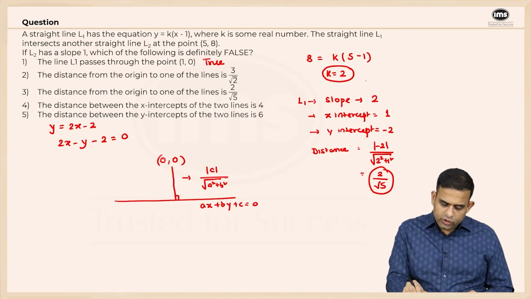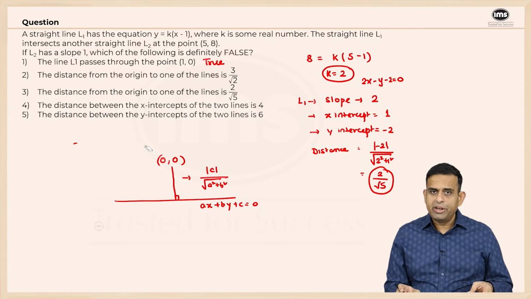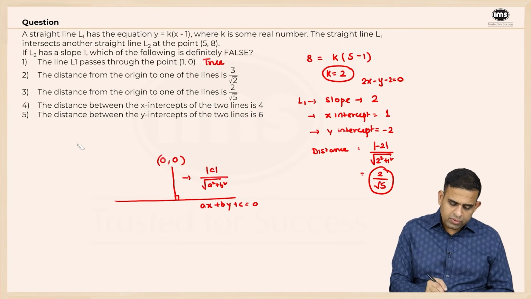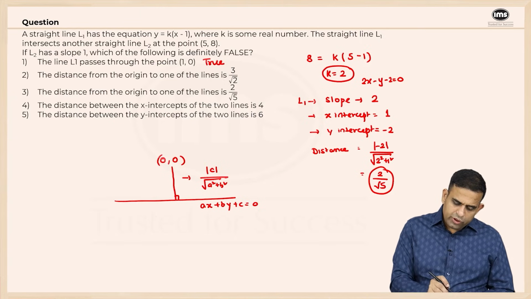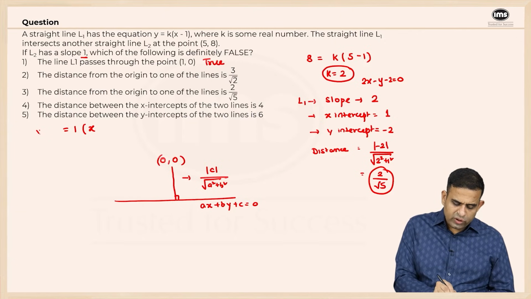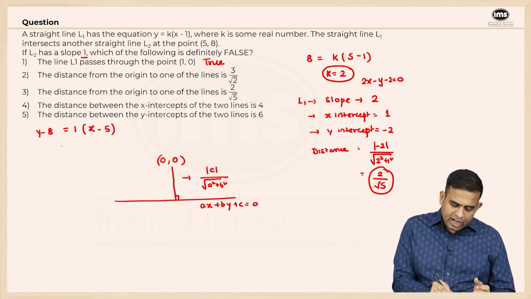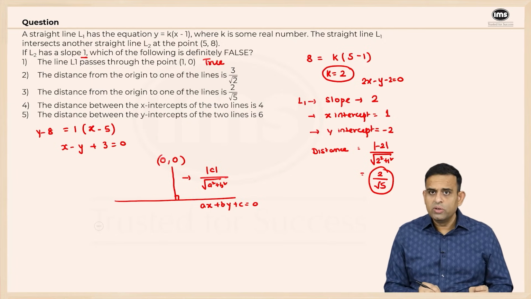So we have got line 1 to be 2x minus y minus 2 equals 0. And for line L2, if I use the slope-intercept form, or the point-slope form, L2 has a slope of 1, and the point is (5, 8), so y minus 8 is equal to slope into x minus 5, and that basically gives x minus y plus 3 equal to 0.